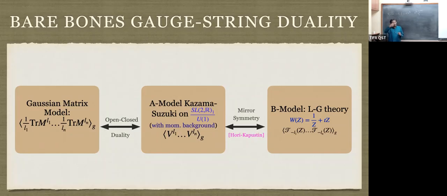When you couple it to 2D gravity, there are so-called gravitational descendants of that. You have to dress it with 2D gravity fields. When you have an inverse potential like this, you have more observables, because the chiral ring is not finite in some sense.